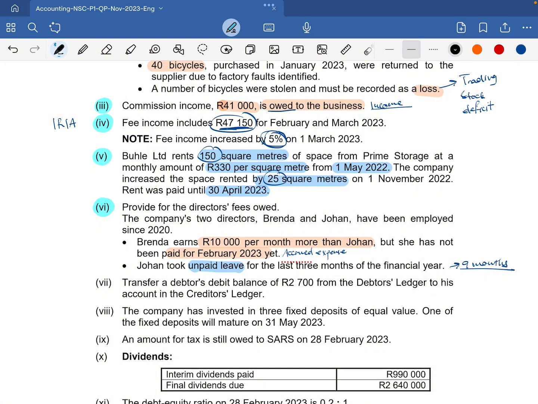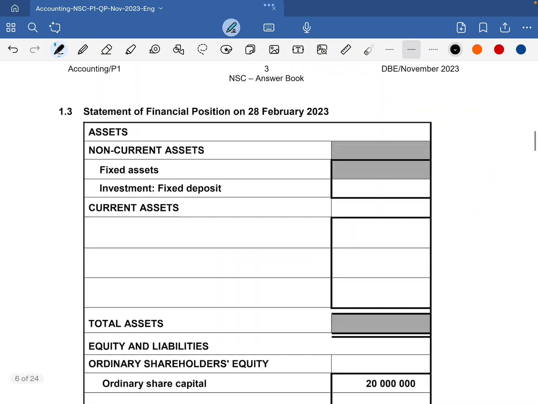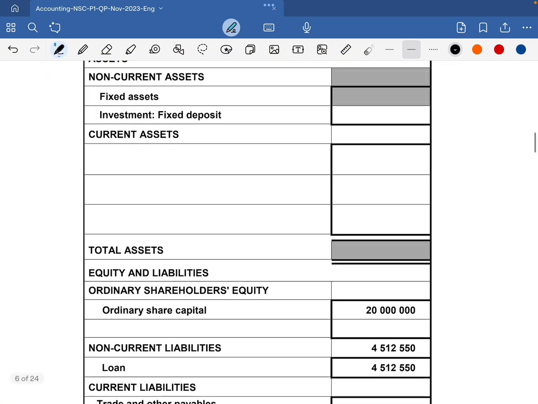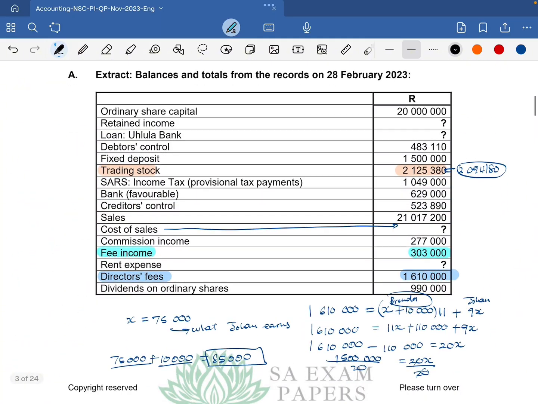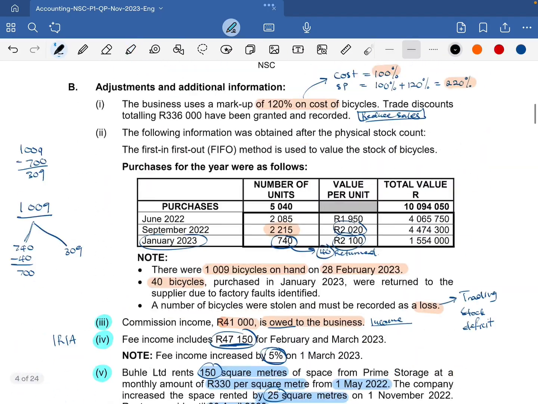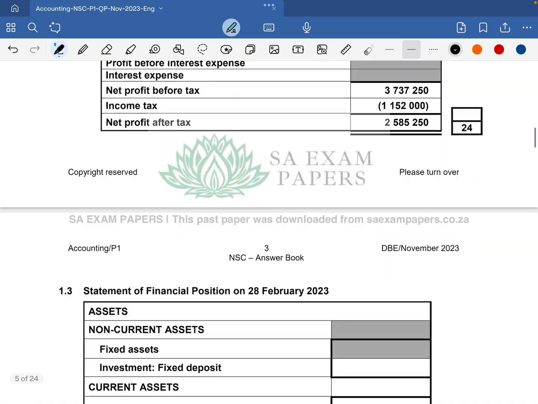So we are going to calculate our trade receivables first under our current assets. Your starting point is your debtors control. That's the first point that we're going to look at. We're going to look at our debtors control, 483,110. We add that directly.